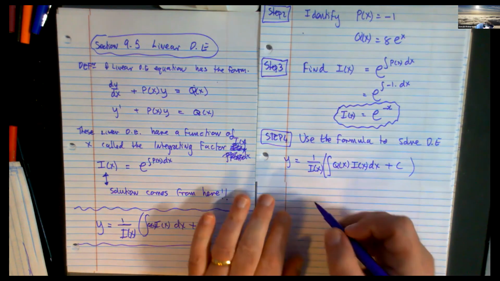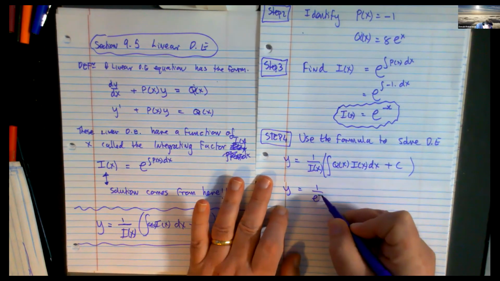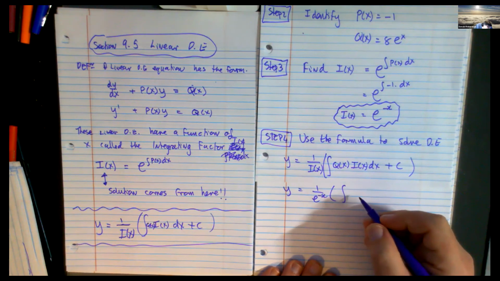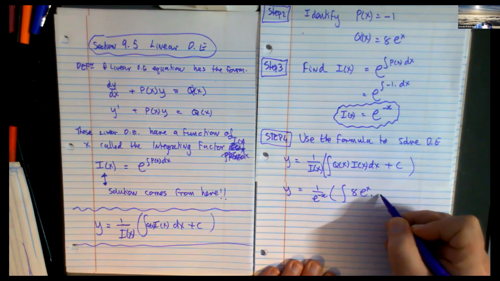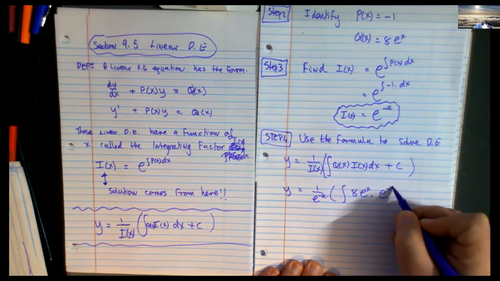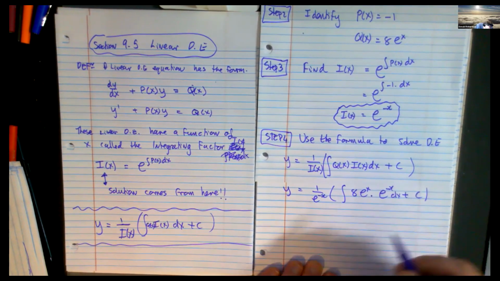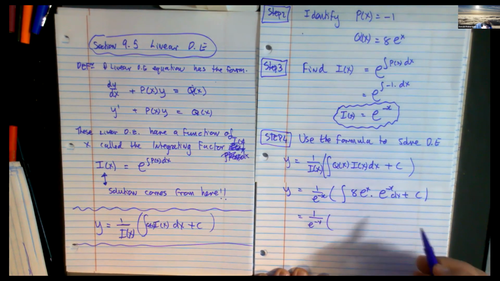Now, in this question here, that becomes 1 over e to the negative x, the integral of 8e to the x times e to the negative x, plus c. Now, something really nice happened here.